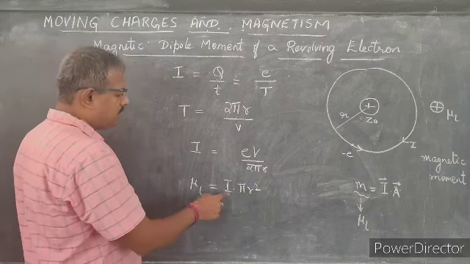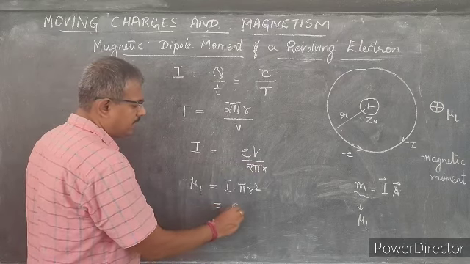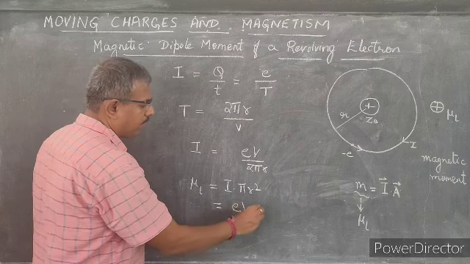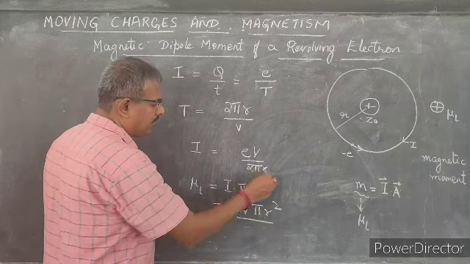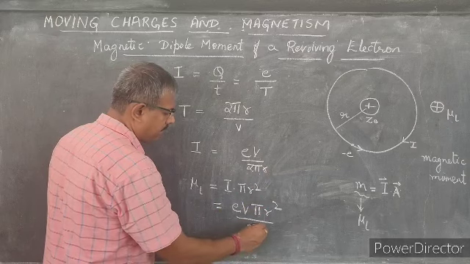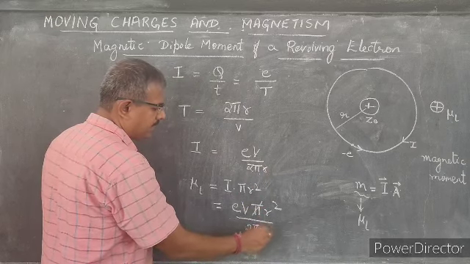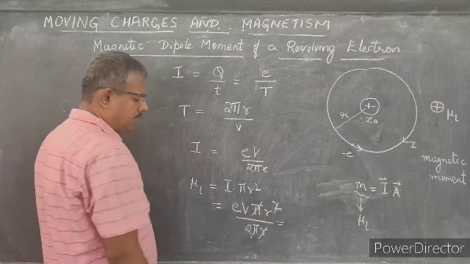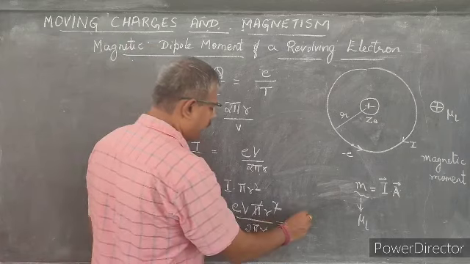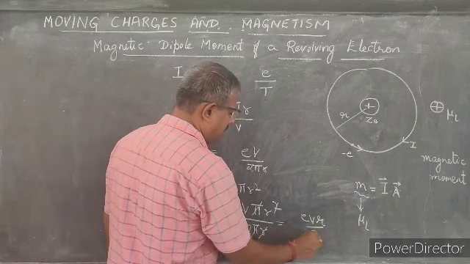So if I substitute the value of I from this equation over here, I get e v pi r squared by 2 pi r. So pi and pi cancel each other, the r term cancels in the numerator, and I am left with e v r by 2.